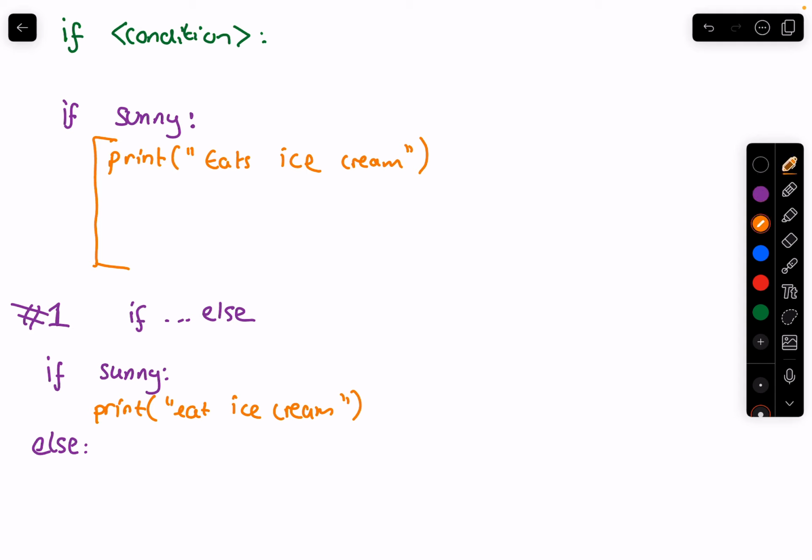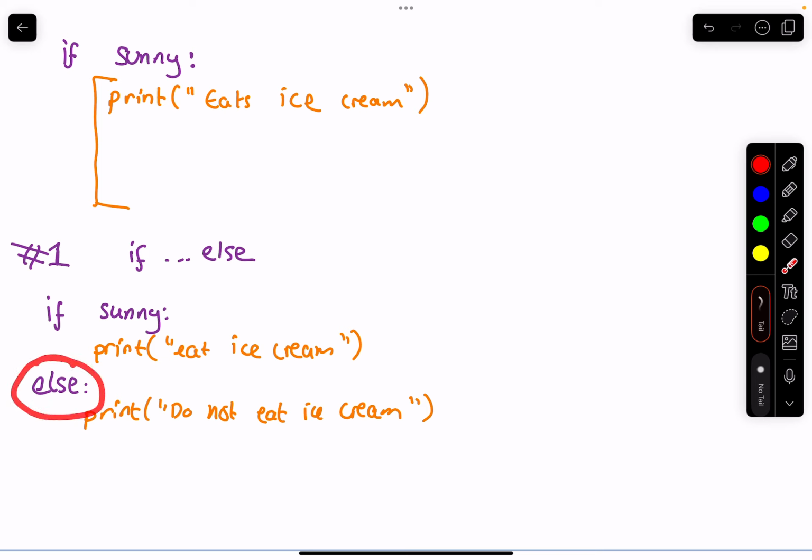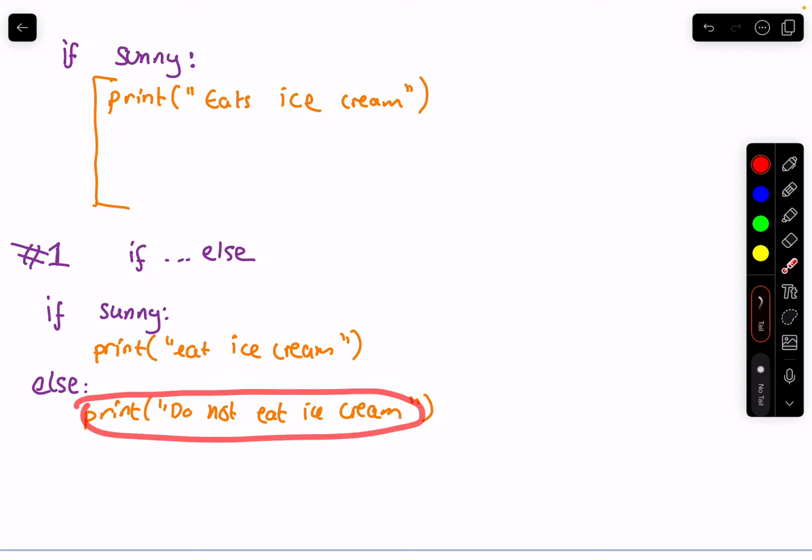So else, do not eat ice cream. Okay, so as we can see here is our else, and we don't have our condition. With our if statement here, we have our condition, and with our else, there is no condition. And then this is the code that we run for our else.